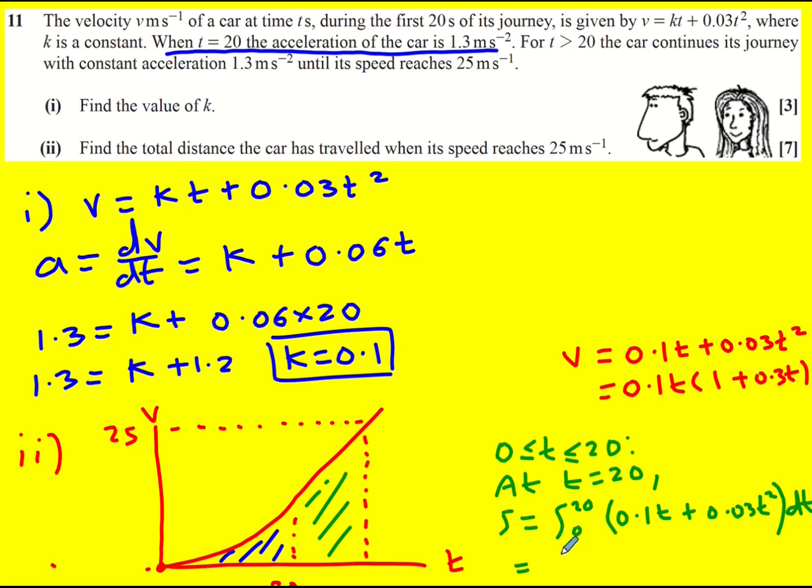That is going to give 0.05 t squared plus, divide by 3, 0.01 t cubed, evaluated between 0 and 20.